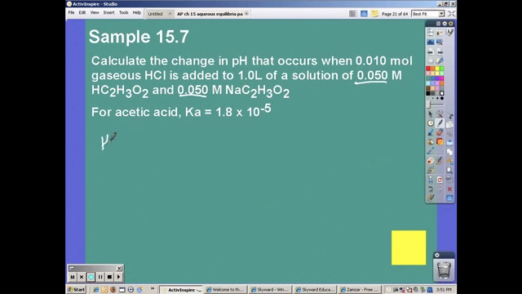Okay, same exact problem, except we're starting with 0.05 molarity of acetic acid and sodium acetate. You have moles of each thing. React to completion.